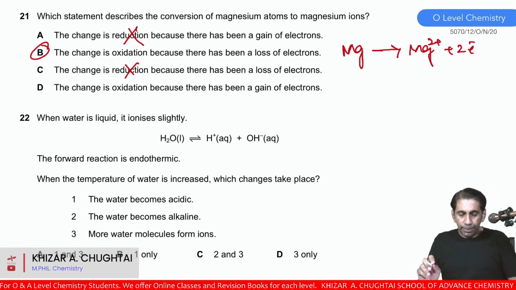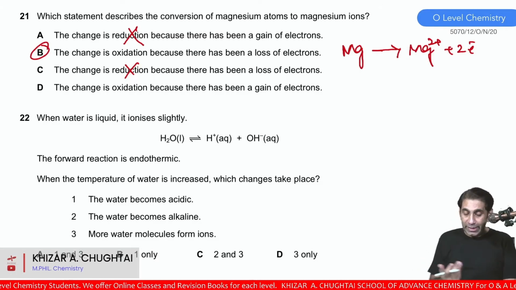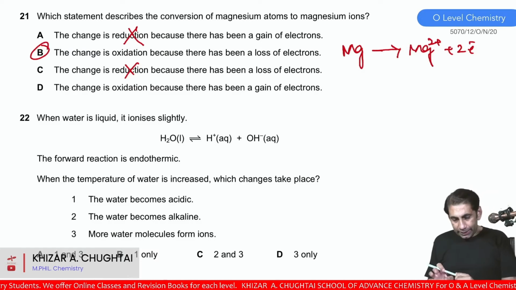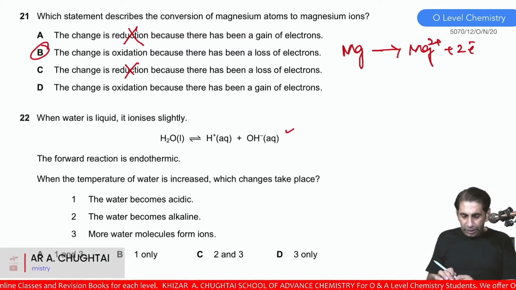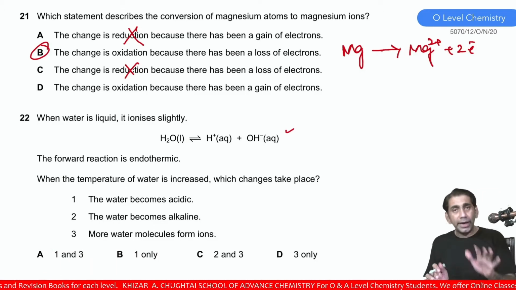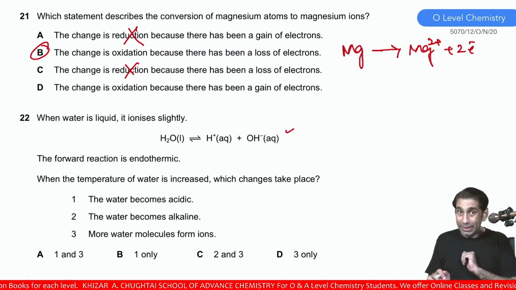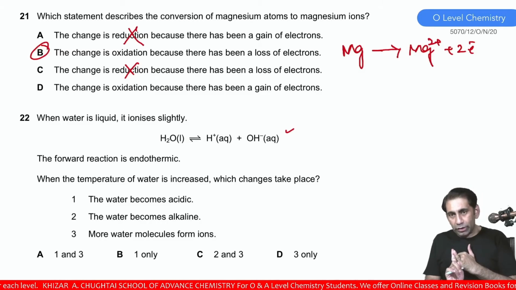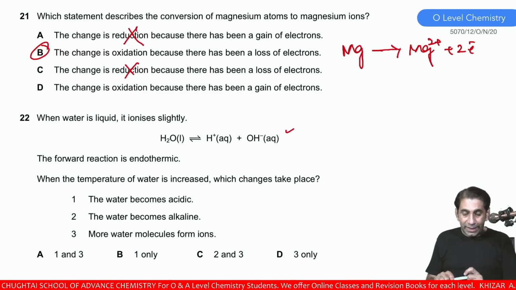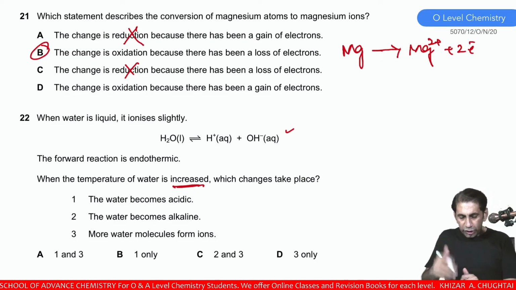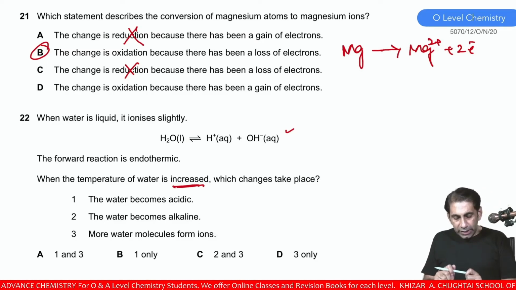Question number 22. When water is liquid, it ionizes slightly, like that. The forward reaction is endothermic, so its backward reaction will be exothermic. It means that if the forward reaction is endothermic, the reverse reaction will be exothermic. When the temperature of the water is increased, which changes take place?